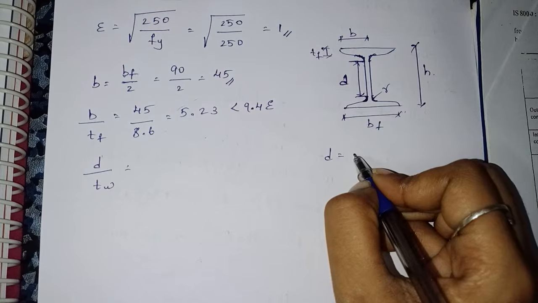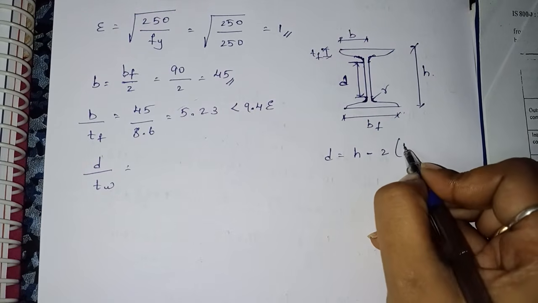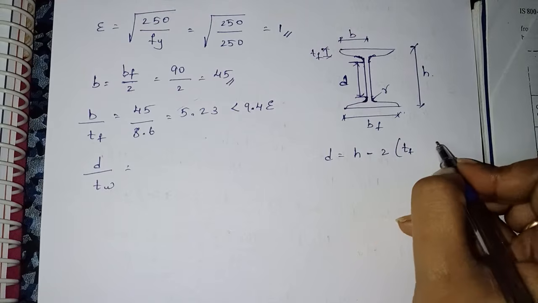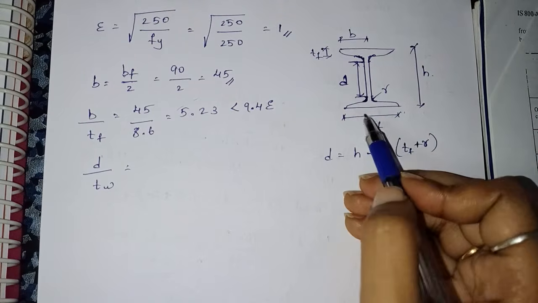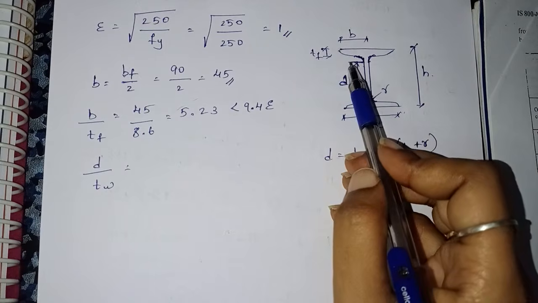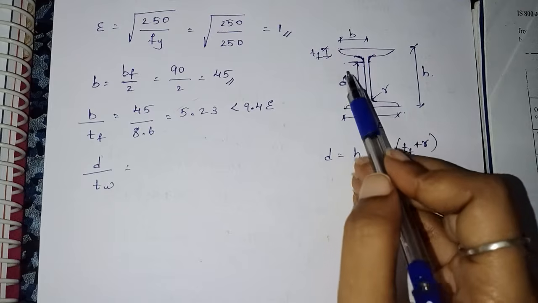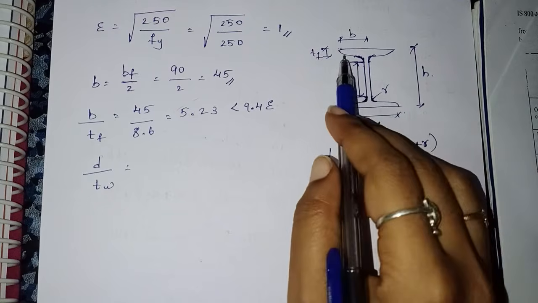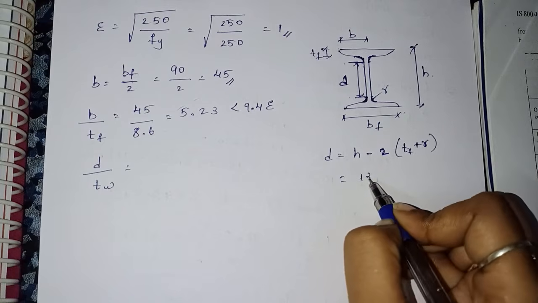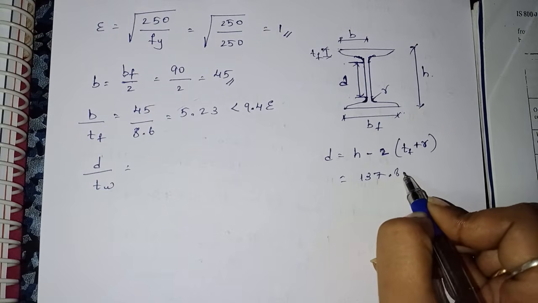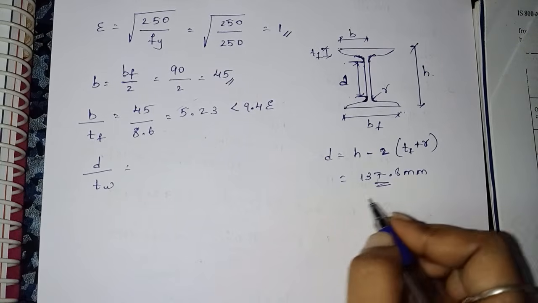In the total height, I subtract 2 times the thickness of the flange plus R. I add these and subtract these two parts in total, that is why it is 2 multiplied by. So that will be 137.8 mm, out of the total 175.